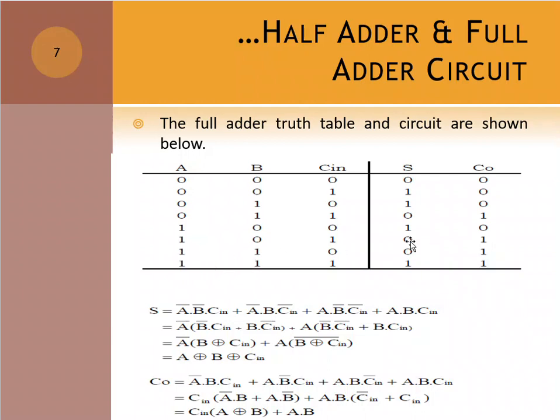Then that carry out just now will be C in. So 1 plus 1 is 2, also sum 0, carry out 1. This carry out from here will be C in for the next bit. So 1 plus 1 plus 1 equals 3, sum is 1, C out 1.